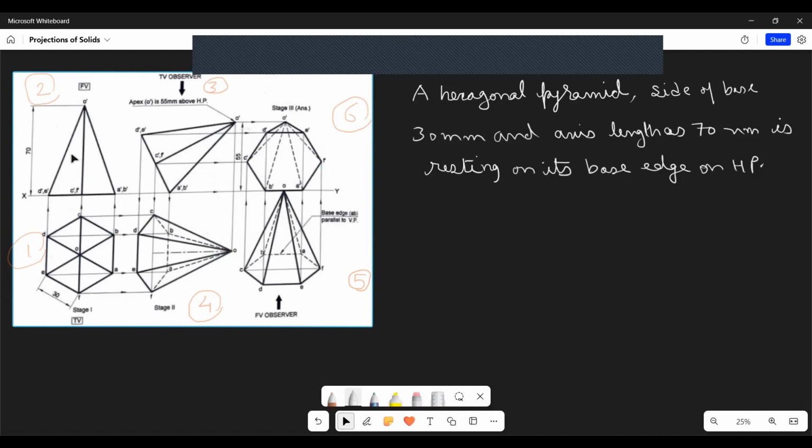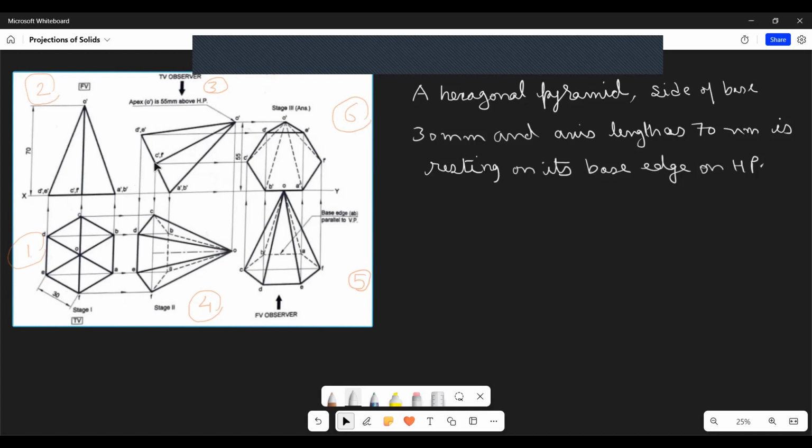That's why the initial position will show a triangle resting on HP, and the first stage position will show a triangle inclined to HP. And how much is the angle of inclination? That we don't know.